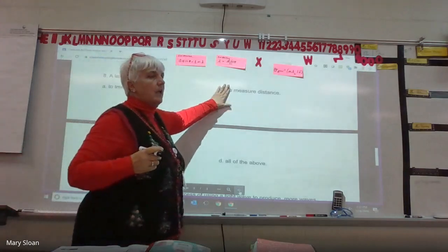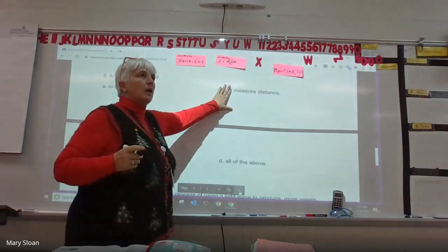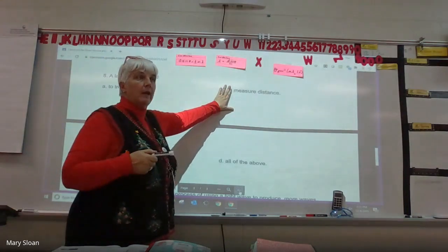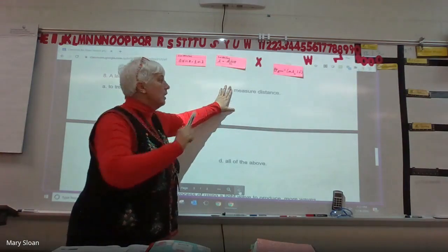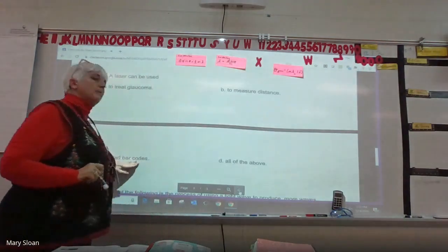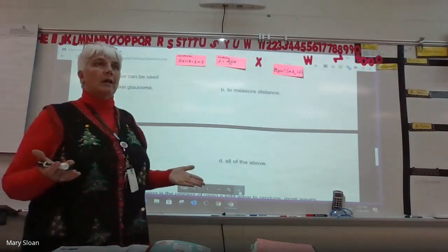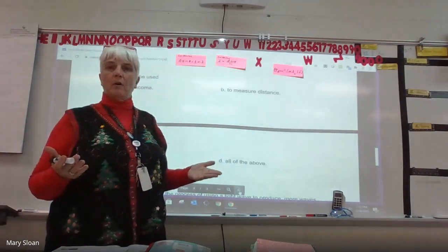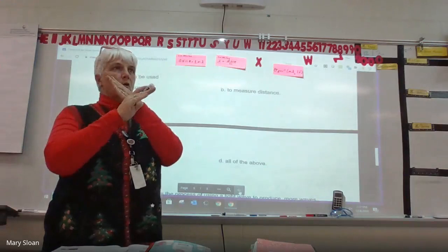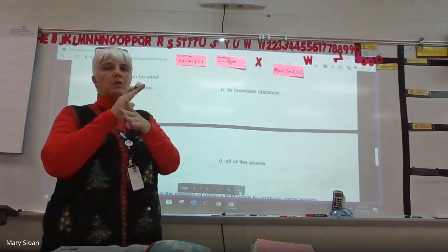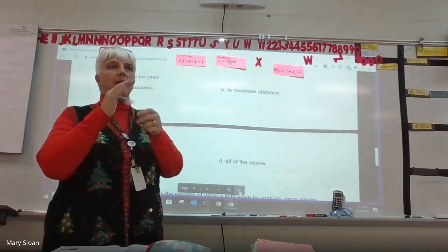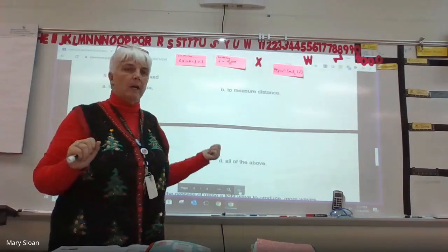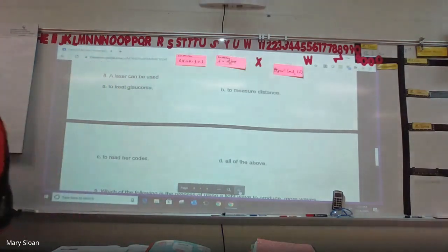Measuring distance, you can actually see that with land surveyors, who are shooting the laser across to measure distance. And then barcodes, of course, if you go to Walmart or whatever, remember those little red cross beams? Those are lasers also, detecting where that barcode is so we can read it. So yes, it is D.